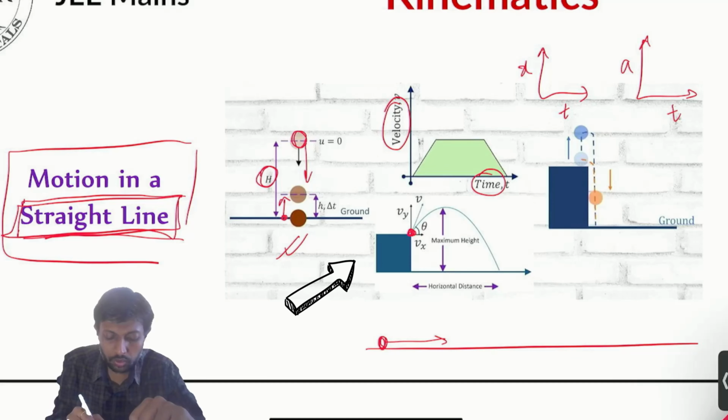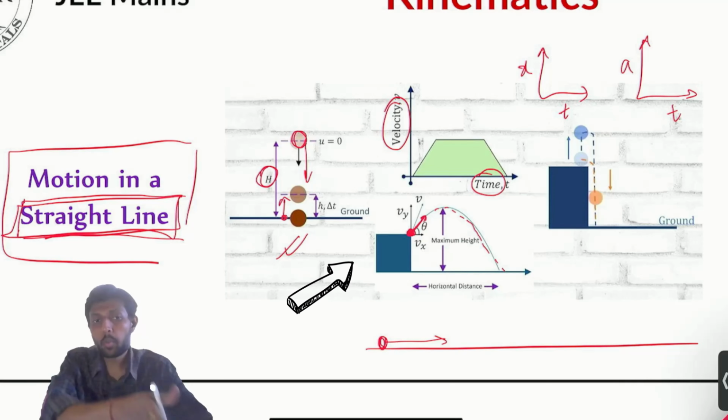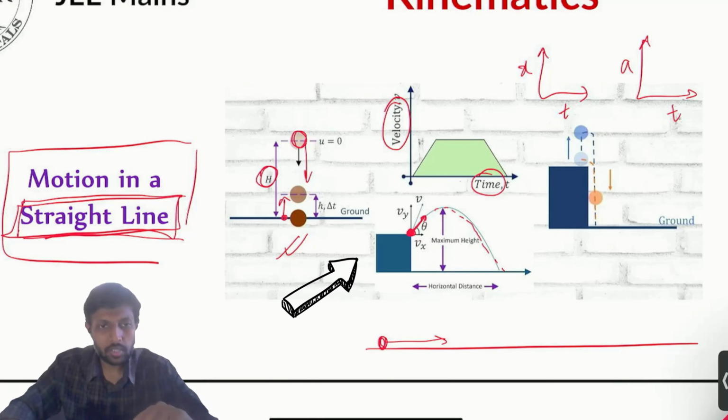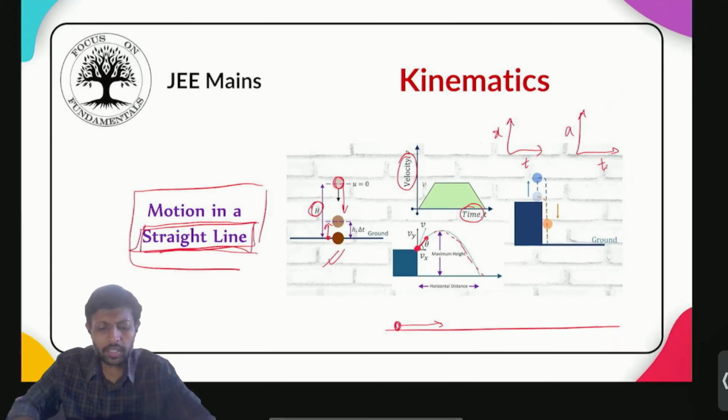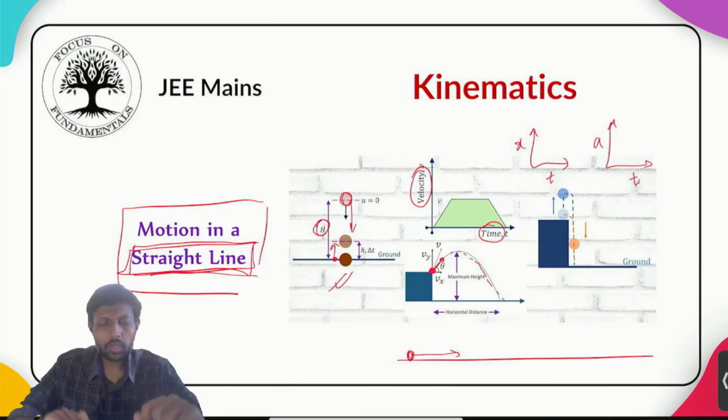So if we throw a point-sized object in this direction, it has two components of velocity, one in the horizontal, one in the vertical, and it moves along this parabolic path. This is what we are going to see when we move on from one-dimensional motion to two-dimensional motion. So that gives us a brief idea about what we are going to cover in this session. Now, this is the first session, so we are going to restrict ourselves to the introduction of kinematics.